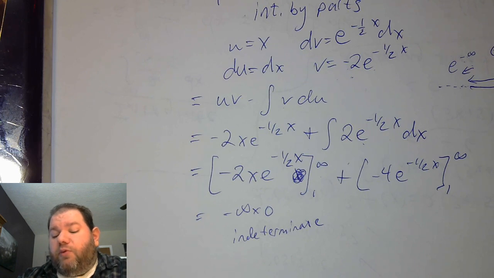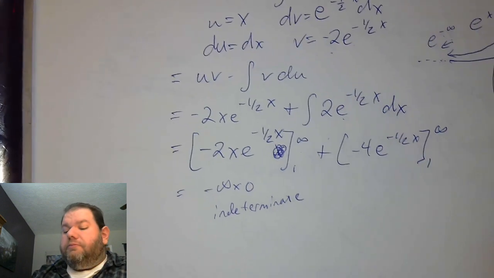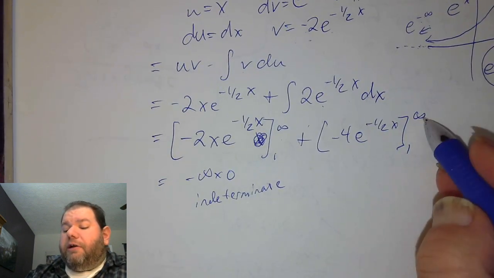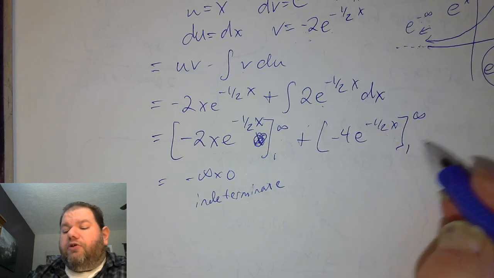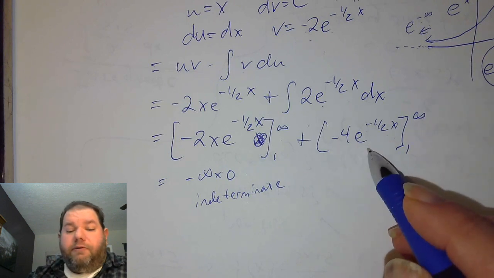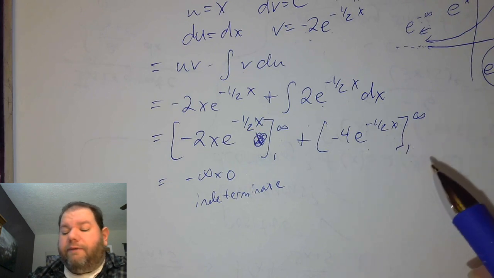We know if we plug in the 1, we just get negative 2 or plus 2 times e to the negative 1/2. Over here, things are much more straightforward, because if we plug in infinity, it's just negative 4 times e to the negative infinity, which we already said e to the negative infinity is 0, so it's negative 4 times 0. Then we plug in the 1, and we get plus 4 e to the negative 1/2.